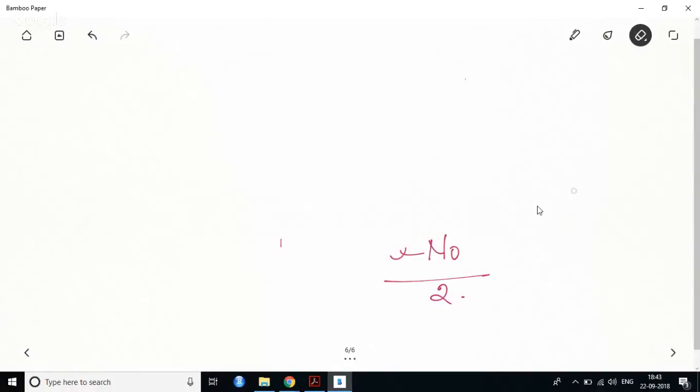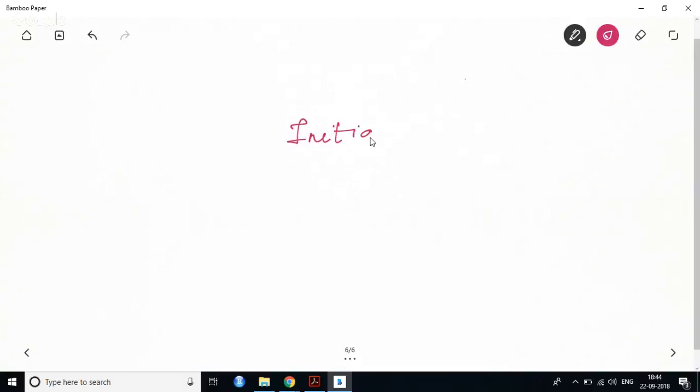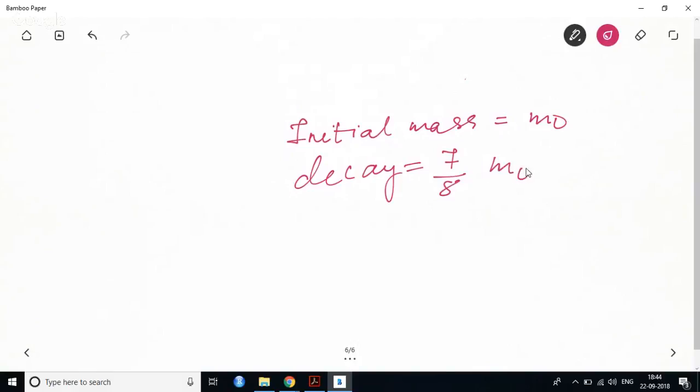Try to understand. If the initial mass is m naught, the decay is 7/8 of m0. Now try to understand, the left out amount would be how much?